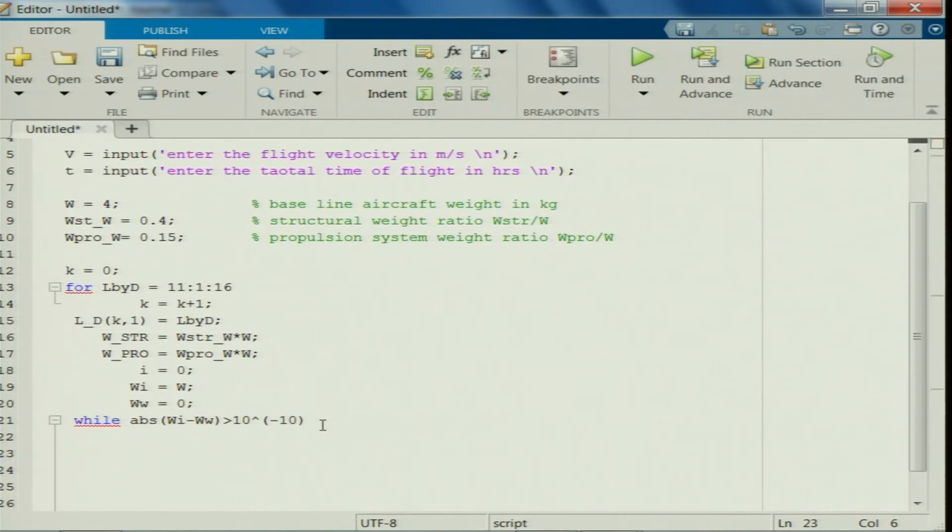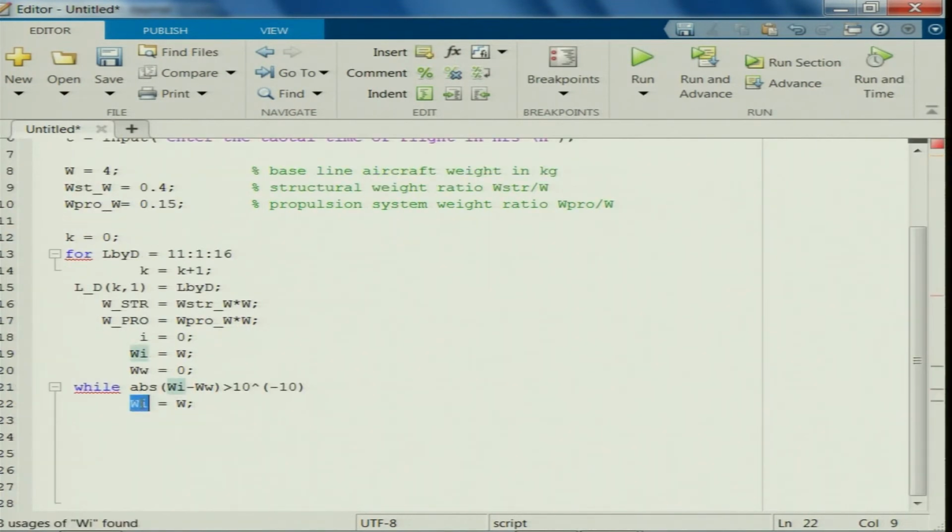So, what I am trying to do here, Wi is considered as W every time inside the iteration. So, Wi is equal to W, because I need to update this Wi, right. The initial weight I am considering is the baseline aircraft weight, but inside that loop, after each and every loop, this Wi has to be updated. You will understand this once we complete this program.